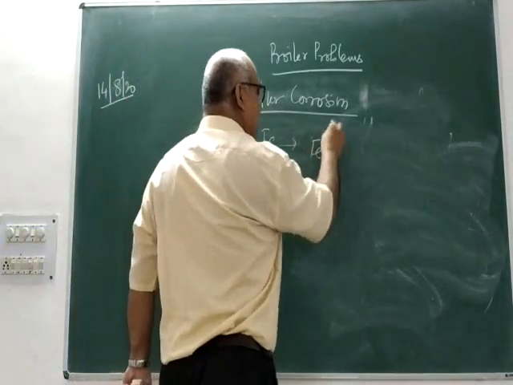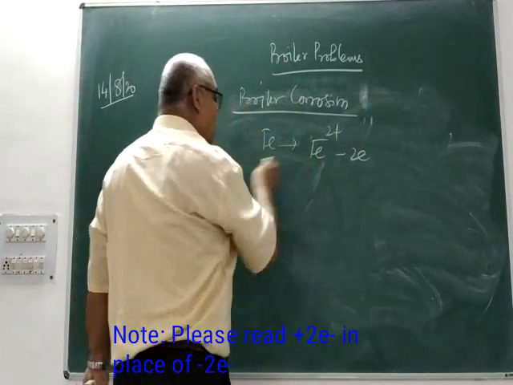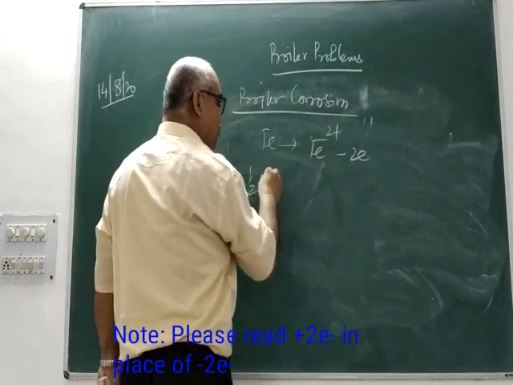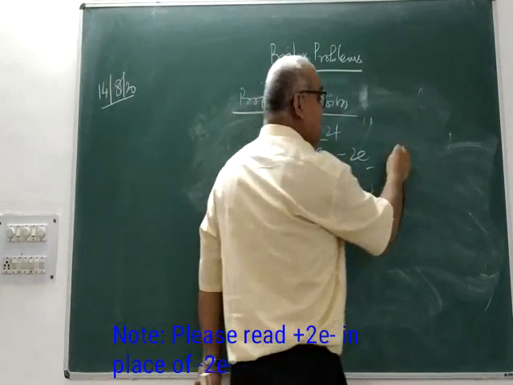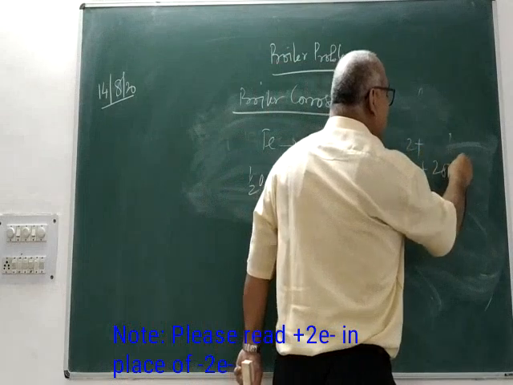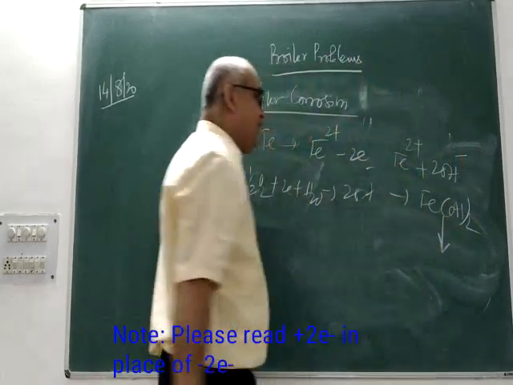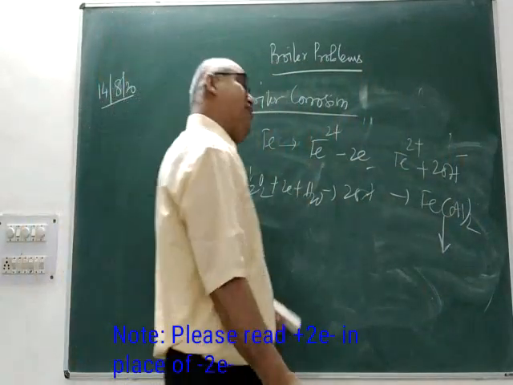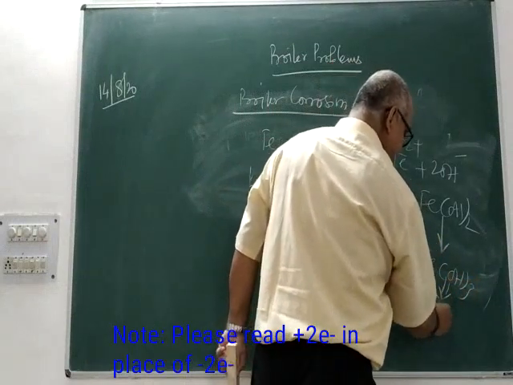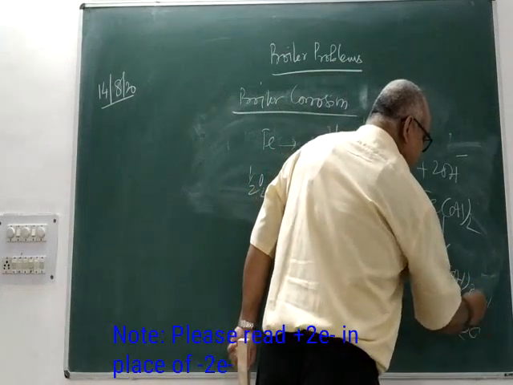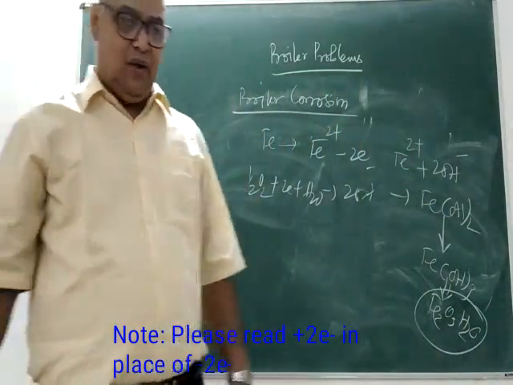Iron will get oxidized by losing 2 electrons, and these 2 electrons will be accepted by oxygen in presence of water to produce 2OH minus, and in this process Fe2+ will react with 2OH minus producing Fe(OH)2, and if sufficient oxygen is available, it will be further oxidized to ferric hydroxide, which corresponds to Fe2O3 and 1 molecule of water. This is known as rust. This is how corrosion proceeds in boiler. We have seen earlier also.